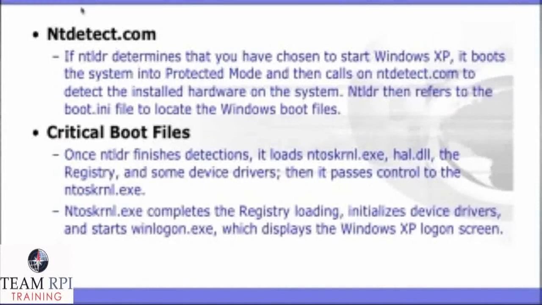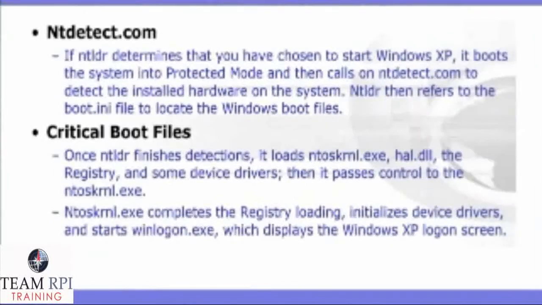Once the NT Loader finishes detections, it loads into memory the kernel as well as the HAL.dll, the registry, and some device drivers. Then it passes control to the kernel itself. The kernel completes the registry loading, initializes device drivers, and starts the winlogon.exe. This is when you will see your Windows XP logon screen.